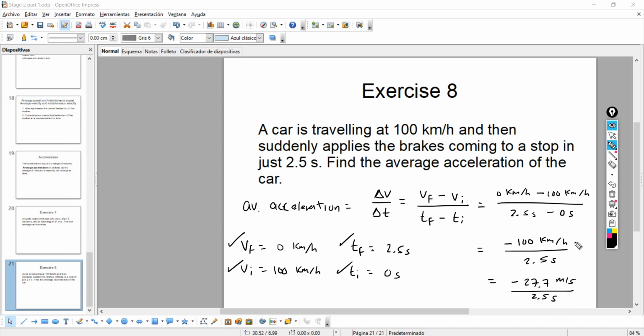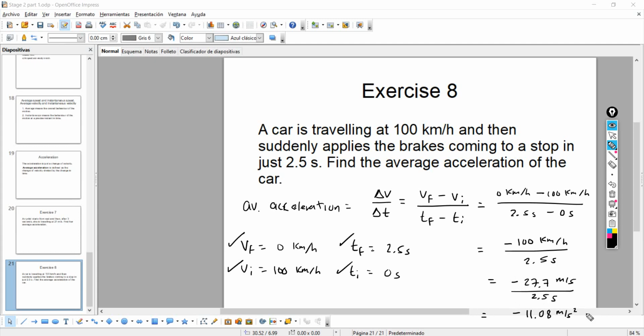Remember, you always have to have the same units of time or of length. So remember that, guys. And let's just divide this number over this number. That's all we need to do next. And you're gonna get minus 11.08 meters per second squared.